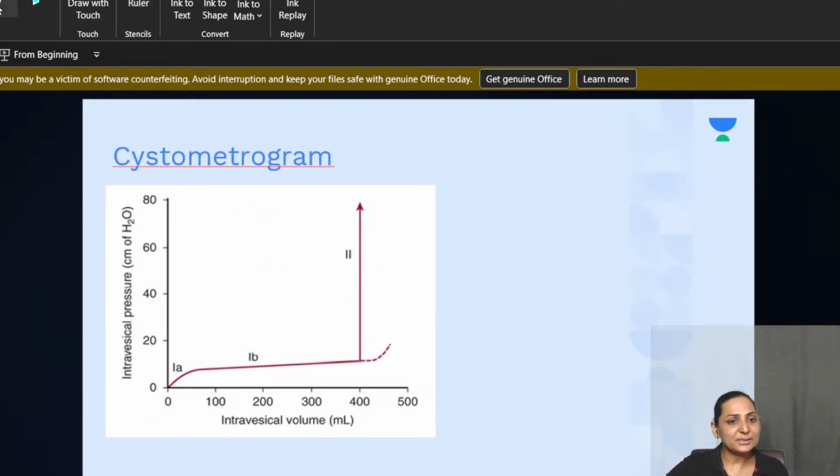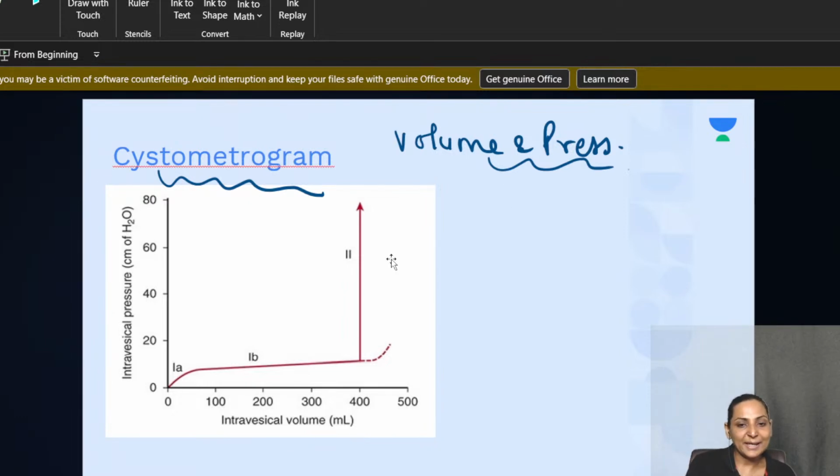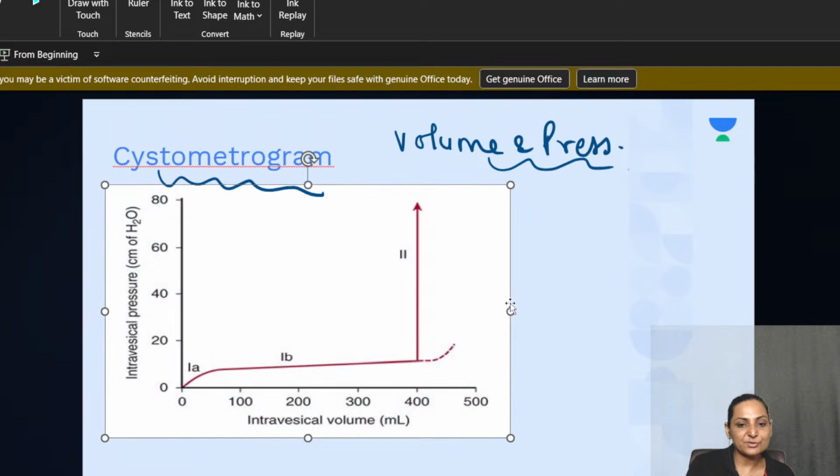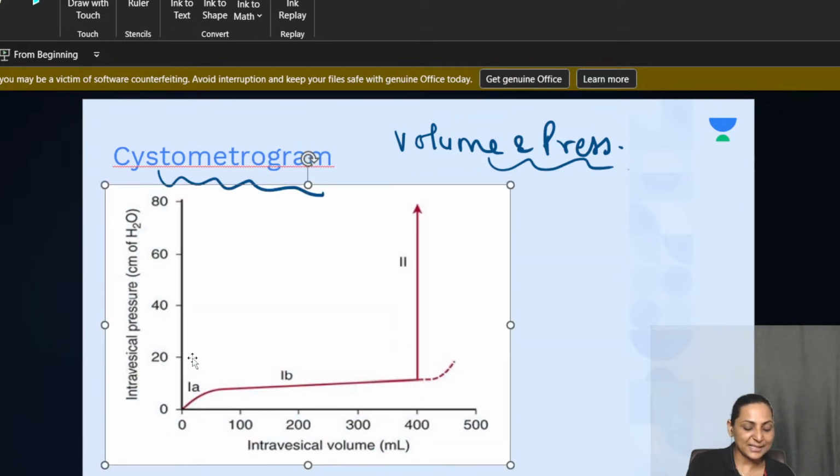Now, the question has come many times on the cystometrogram, which is the relationship between the volume and the pressure of the urinary bladder. You can see that on the x-axis is the intravesical volume, and on the y-axis is the intravesical pressure.